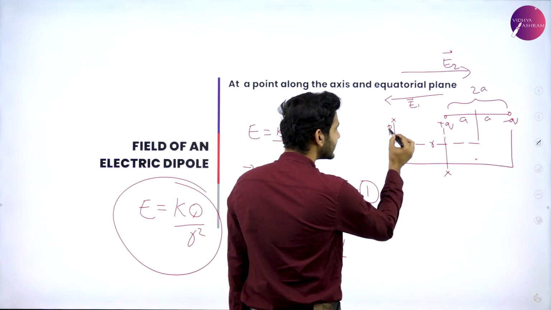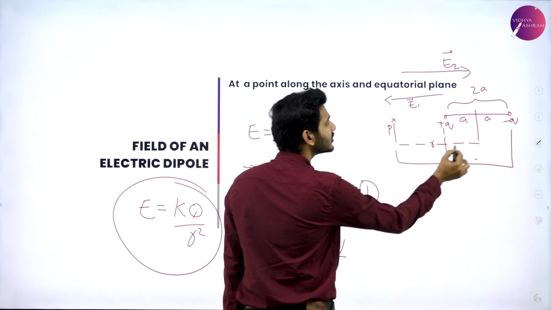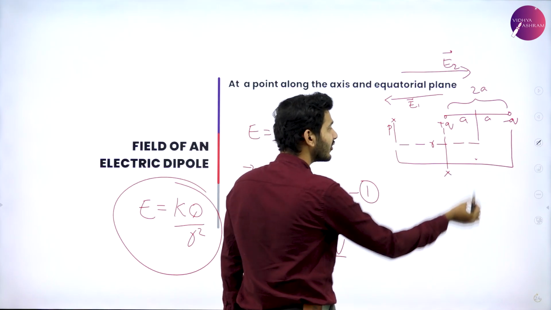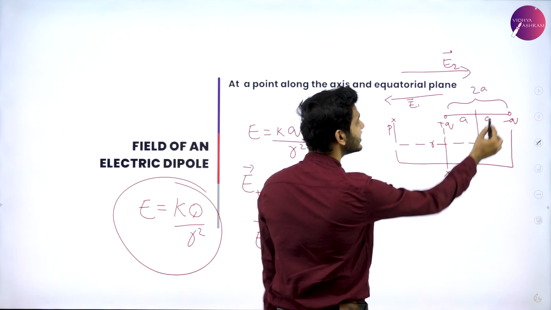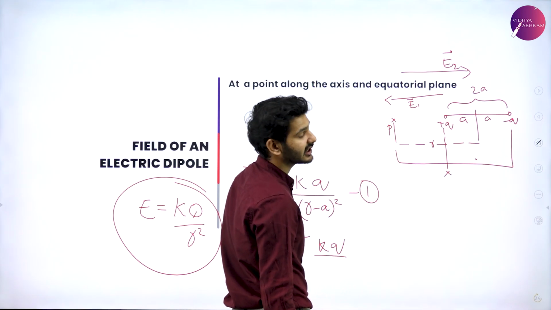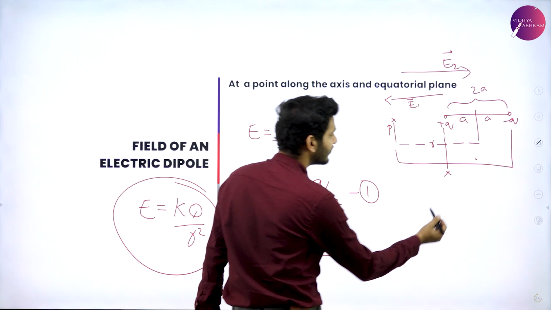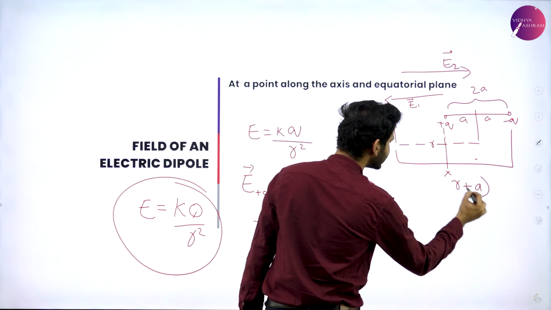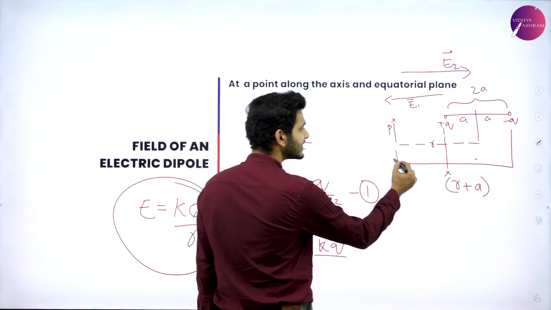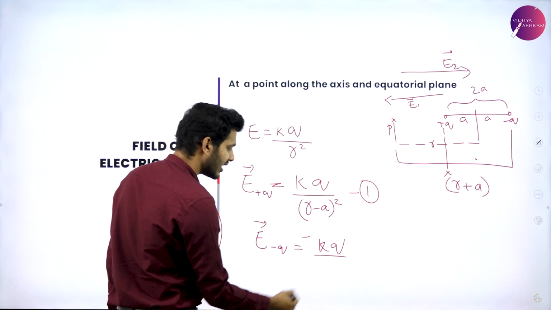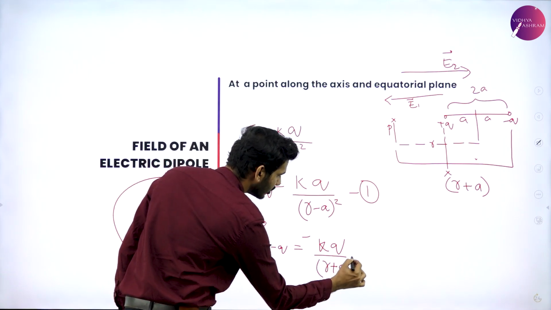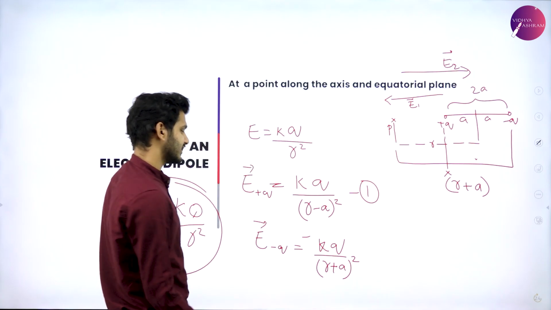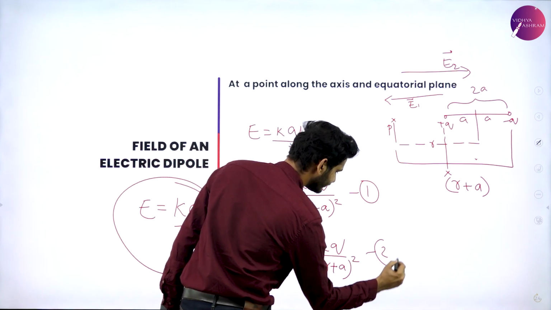We know that the distance from point P to the center is R. So from this point, we travel a distance A more to reach the negative charged particle, minus Q. So this is R plus A. This is the total distance, and our equation becomes R plus A whole square. So this is our equation 2.